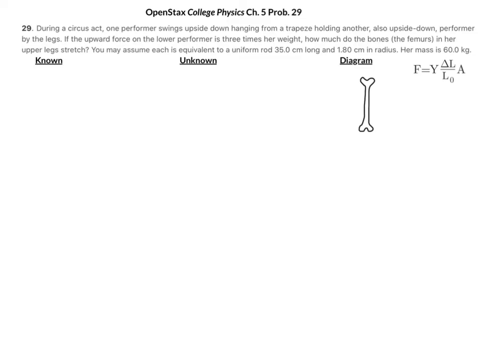So let's write down the things that we know and we don't know, and add things to the diagram and then solve for the problem. So we know that the length of her femurs is 35 centimeters. We know that the radius is 1.8 centimeters, and her mass is 60 kilograms.